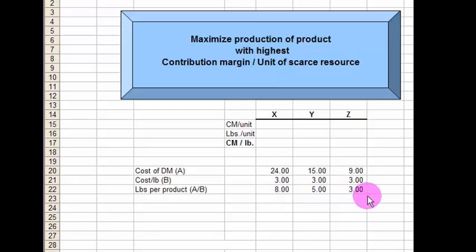So with this information and the contribution margin per unit which was given to you, we can complete our schedule. Here are the numbers.